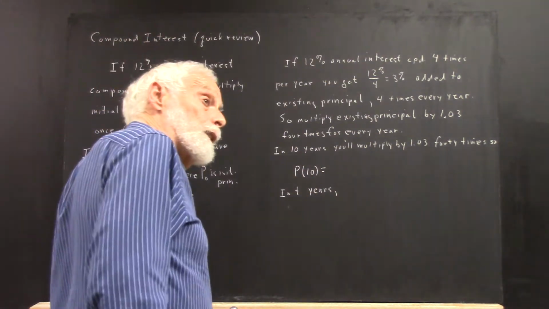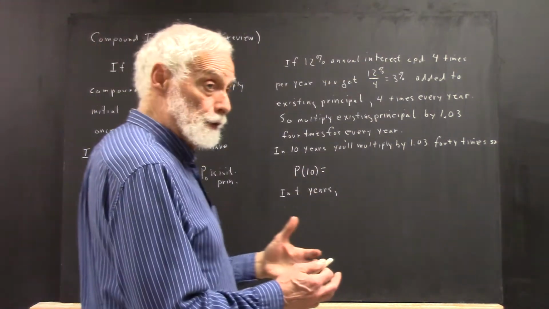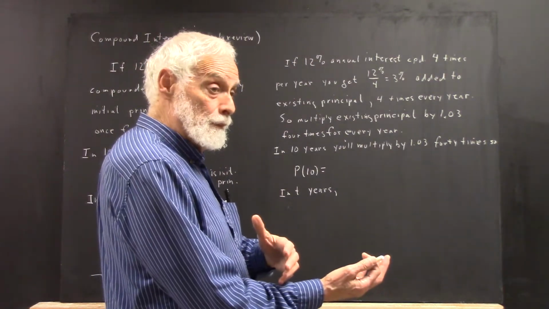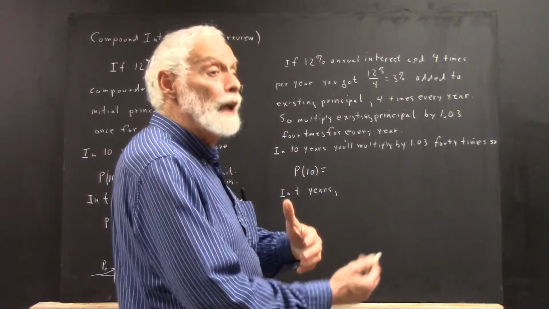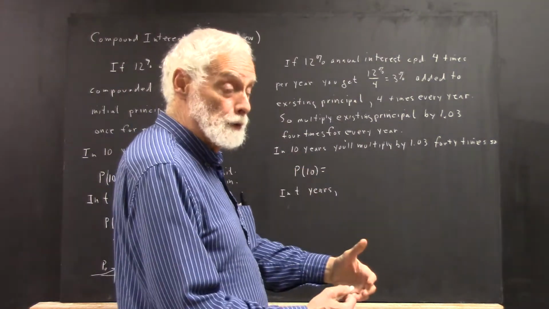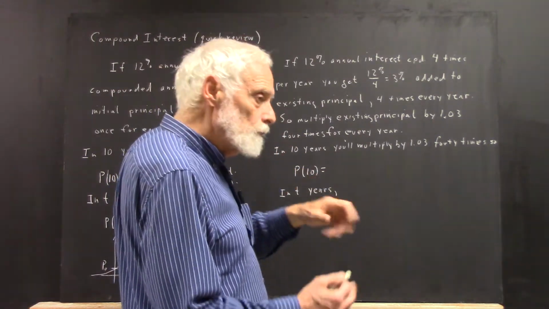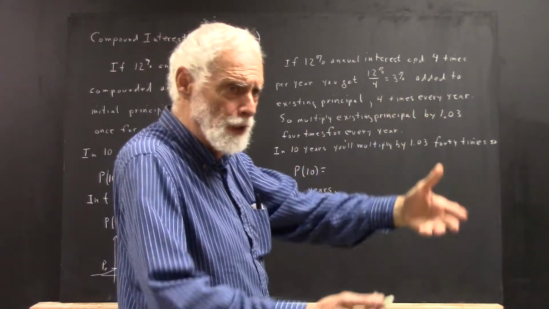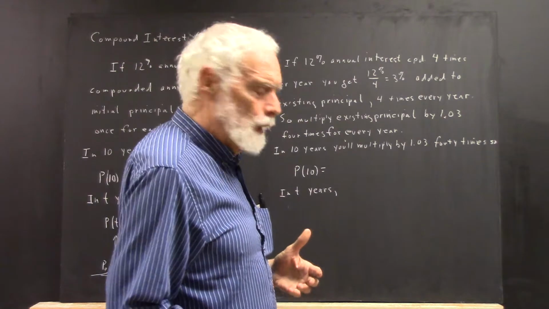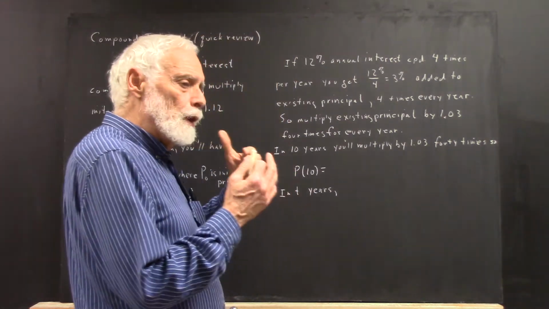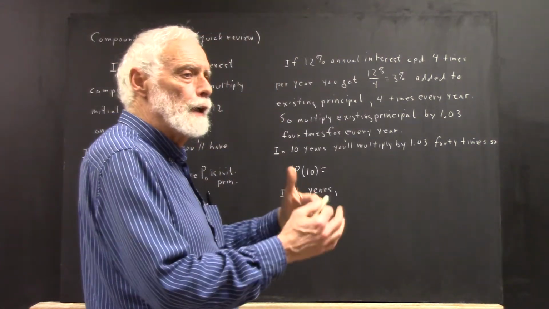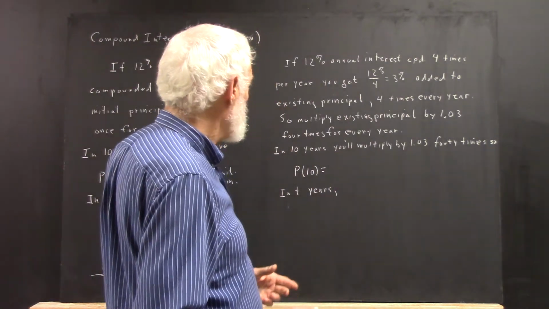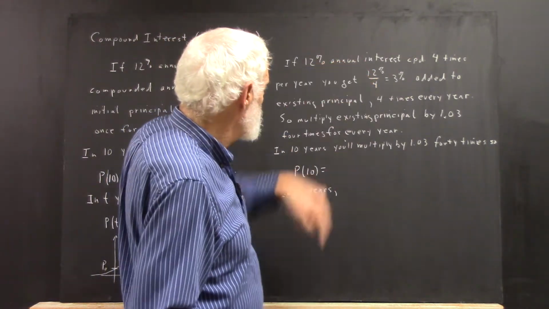Now this is an advantage because the first 3% just adds to your original principal, but the next 3% is going to add to what you had after adding the 3% to your original principal. And then the next 3% adds to that, and the next 3% adds to that. So after a year, you've been able to put 3% onto 3 higher values, 3 higher principles, and you end up with more money. So you do that 4 times every year.